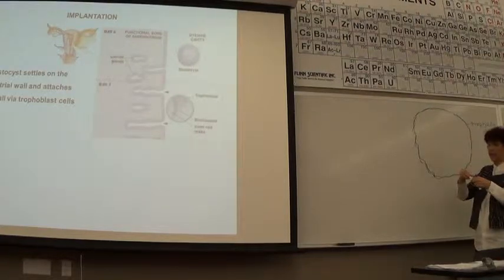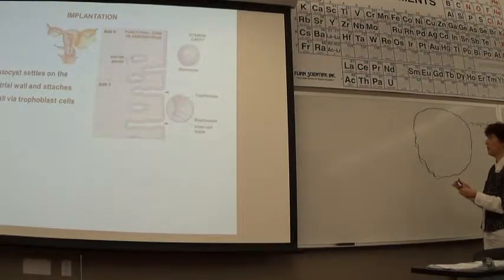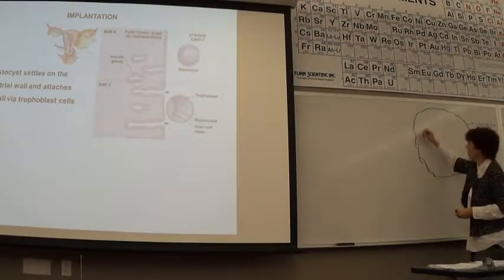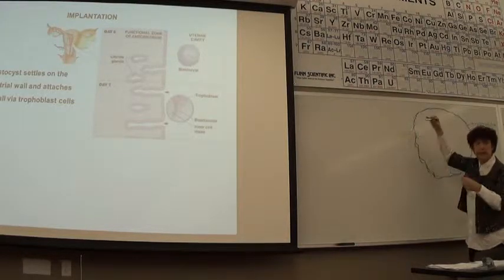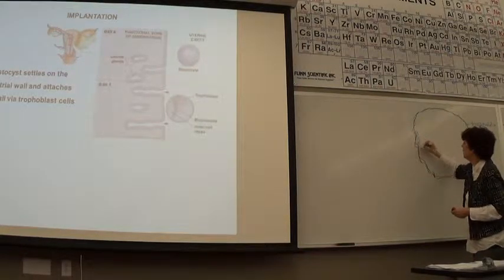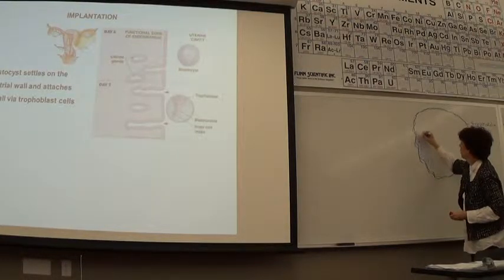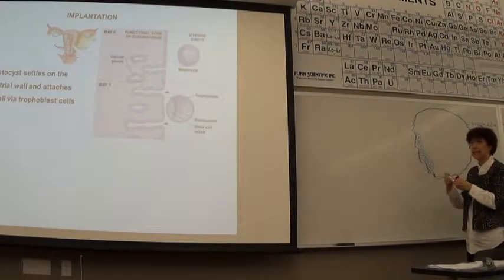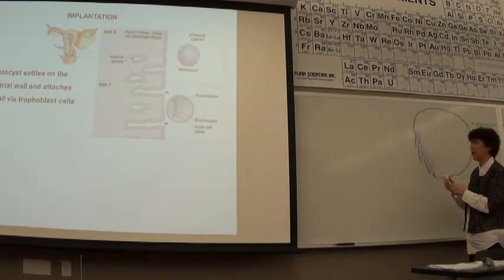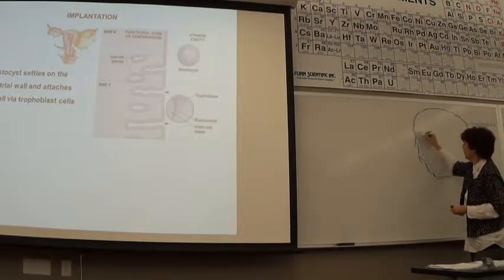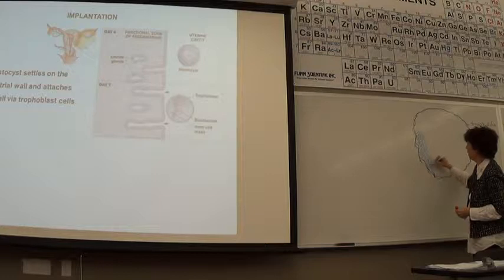On the inside of this, we have those separate distinctive group of cells. I'm trying to deal with this limited board that I have, known as the inner cell mass. Okay? We're going to talk about a couple of layers of that.